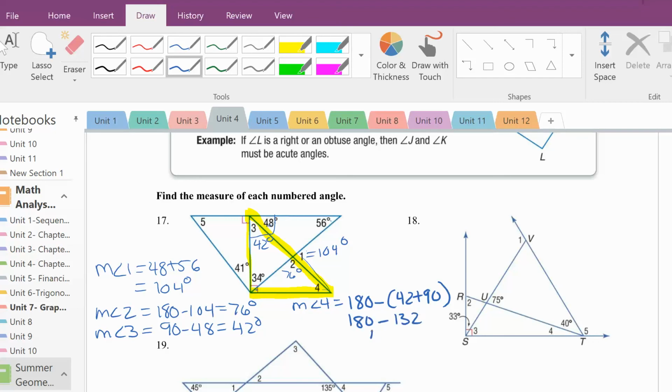So angle 4 is equal to 48 degrees. And then angle 5, you could do the same thing, except it's 180 minus 90 plus 41. So 180 minus 131, which is 49 degrees.